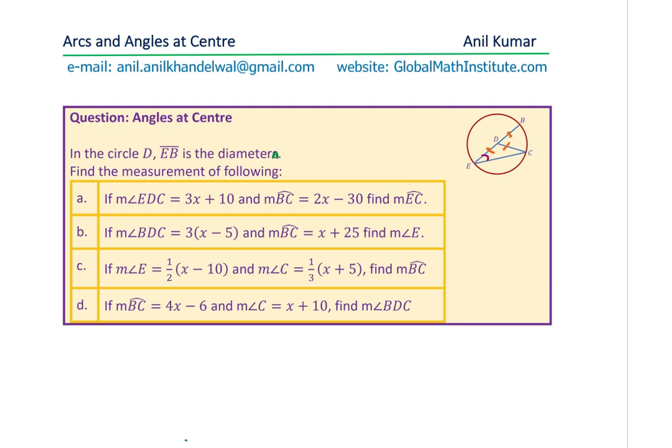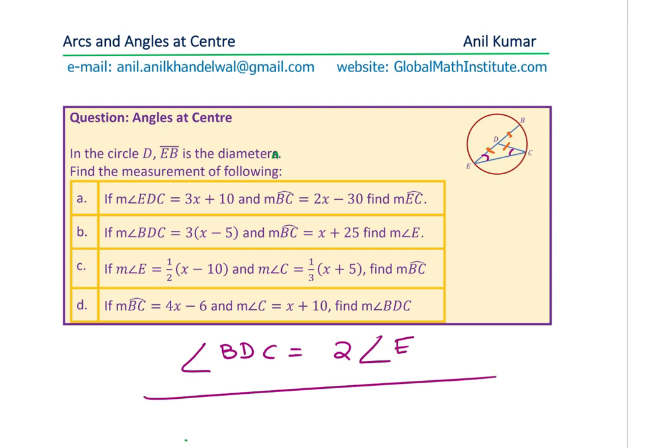And these two angles are equal since it is an isosceles triangle. And we know that angle BDC is twice the angle E. Is that okay? So that helps us to find all the solutions based on these four questions. I hope the concept is absolutely clear.